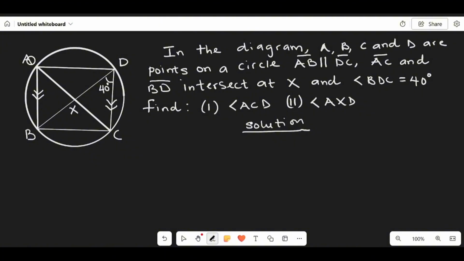Since line AB is parallel to DC, our line BD is a transversal.